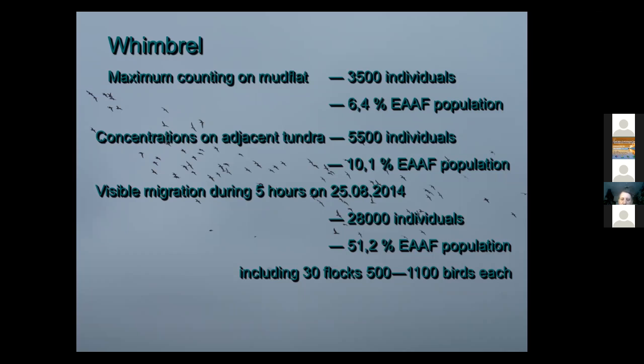If we compare this with the flyway estimation, it means more than half of the whole estimate for the flyway. But we think the real estimate is too low, because I think it's impossible to see at one point in Kamchatka during 5 hours more than half of all the population of whimbrel of the whole flyway.